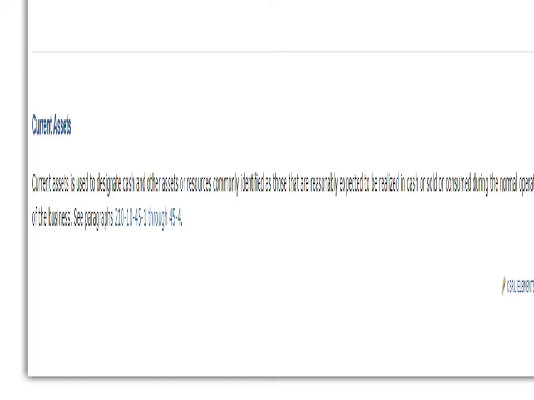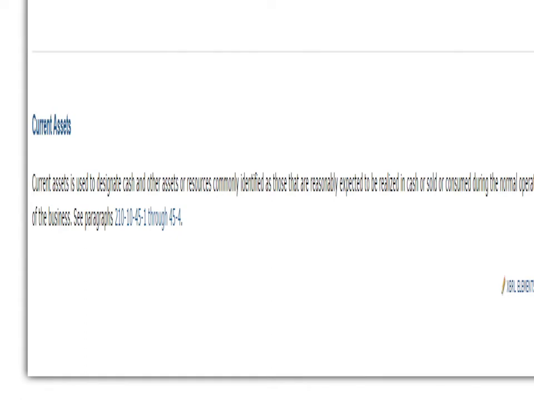It's a little hard to read on the slide, but when I get to the glossary, I see the definition of current assets: cash and other assets or resources commonly identified as those that are reasonably expected to be realized in cash or sold or consumed during the normal operating cycle of the business. That sounds like what I have.